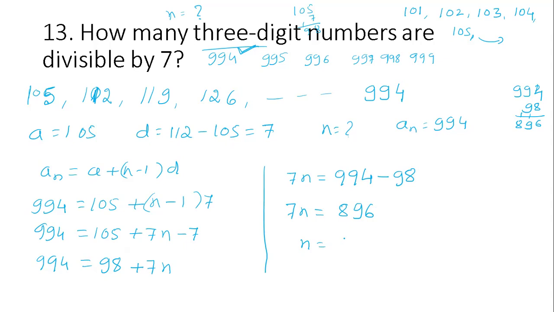N is equal to 896 by 7. 7 ones are 7. 7 twos are 14. 7 eights are 56. N is equal to 128.